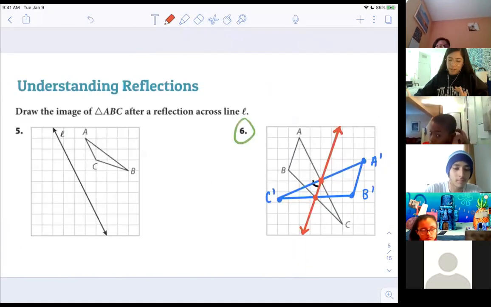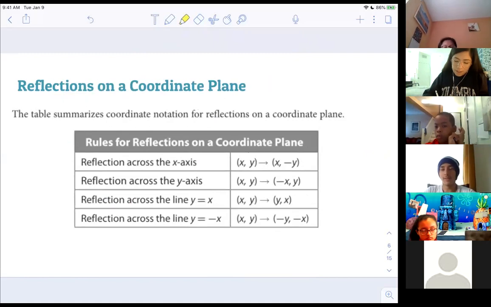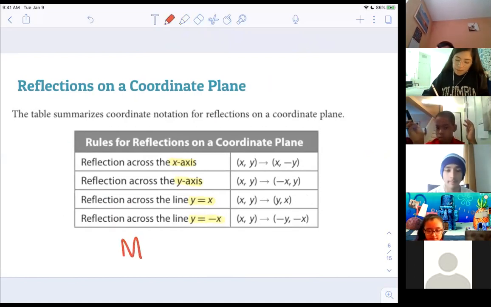They didn't have any specific numbers. But now we have specific rules whenever you're reflecting across the x-axis, the y-axis, the line y equals x, which we'll talk about, and the line y equals negative x. These rules, just like your translation rules, must be memorized.